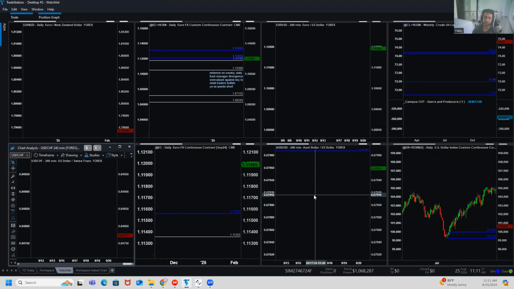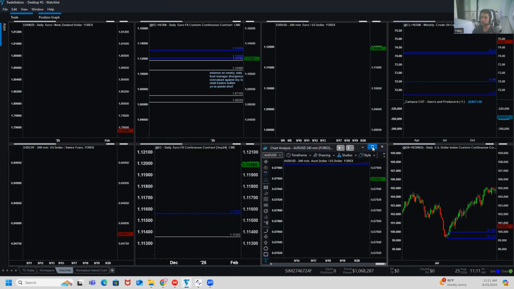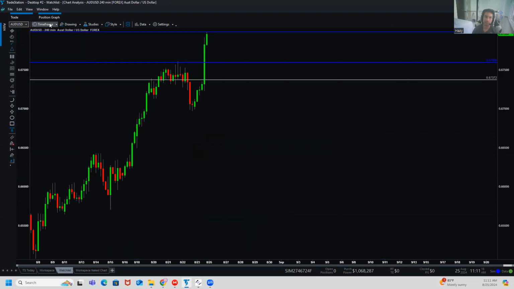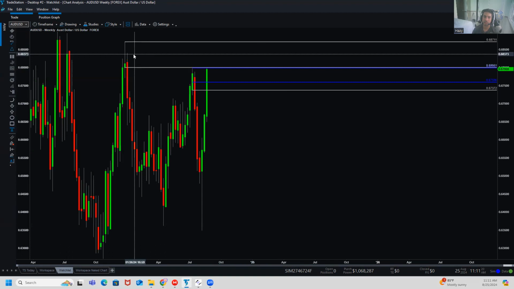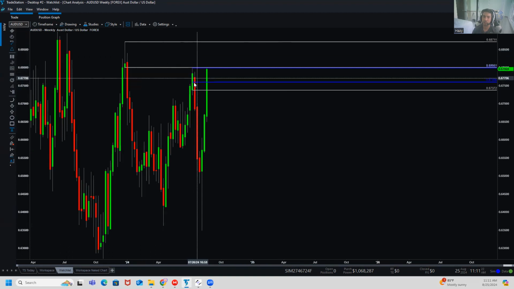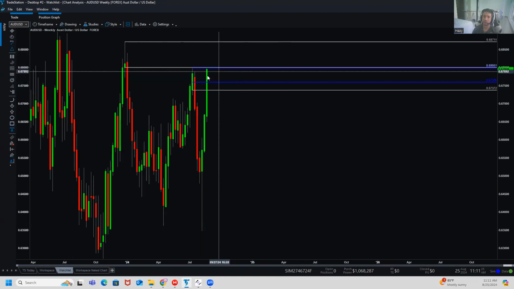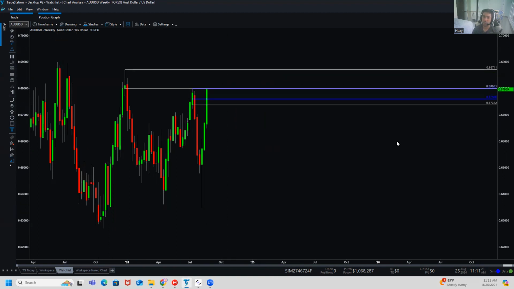So that's pretty much it for every single pair, and then the AUDUSD should be the same thing. We're approaching this demand, we're already in this supply zone. What I don't like is this bullish momentum right here.